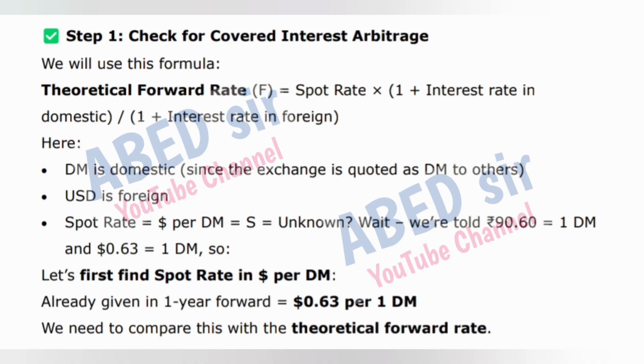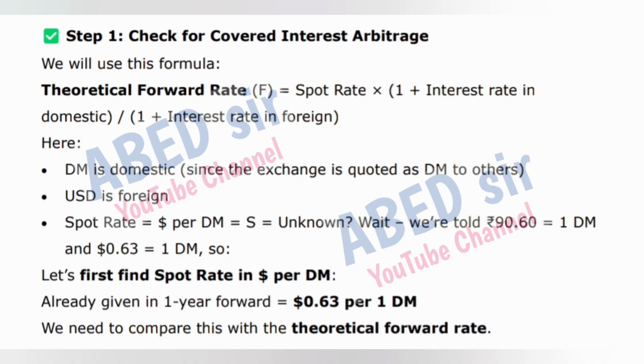Theoretical forward rate, F, is equal to spot rate times 1 plus interest rate in domestic, divided by 1 plus interest rate in foreign. Here, DM is domestic, since the exchange is quoted as DM to others. USD is foreign. Spot rate in dollar per DM is S, which is unknown.